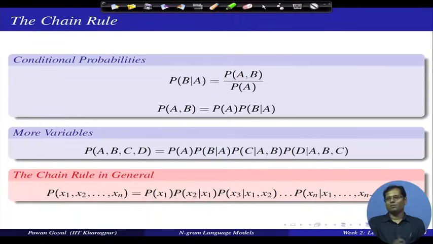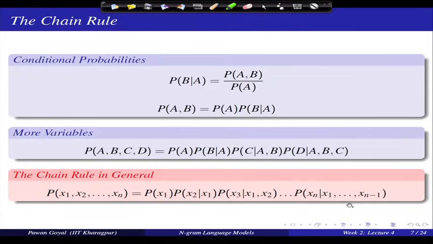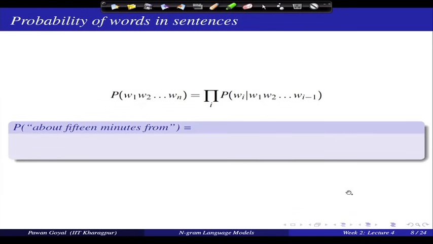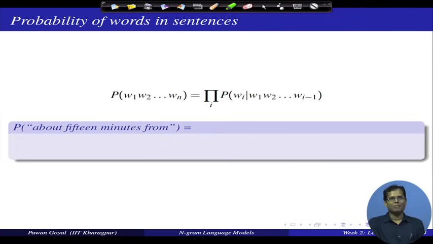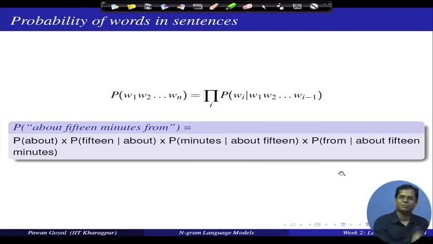Now, given this chain rule, go back to our initial problem, probability of about 15 minutes from. How do I write it using this chain rule? You will say this is the same as probability of about times probability of 15 given about times probability of minutes given about 15, probability of from given about 15 minutes.